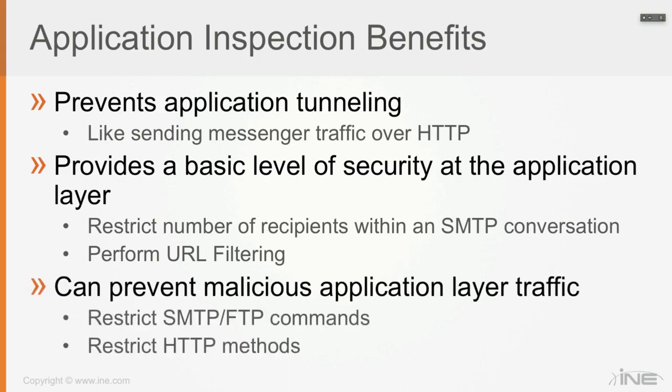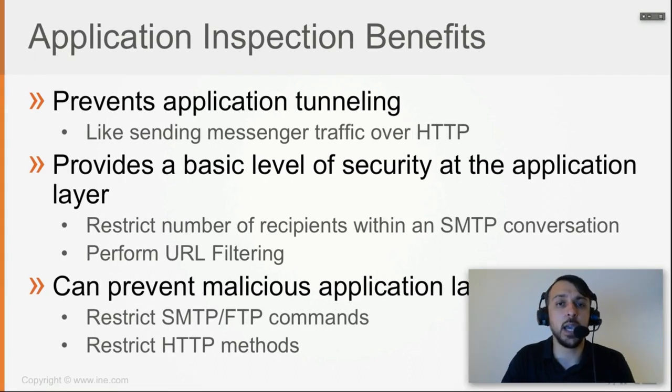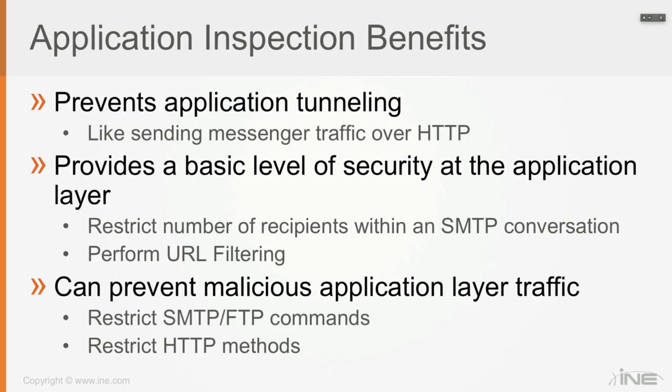Or we can prevent malicious application layer traffic. Of course, this doesn't mean that by doing application inspection, the ASA or the IOS zone-based policy firewall are doing some kind of antivirus or anti-malware. No. So how does this feature block some malicious traffic?